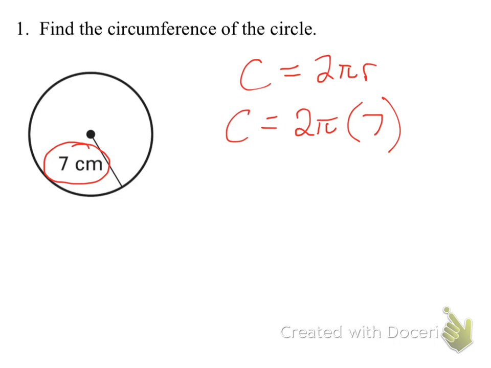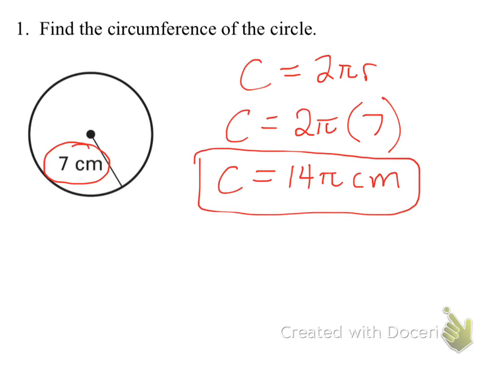I'm going to leave this in terms of pi. 2 times 7 is 14 pi, and centimeters is our unit. This is a distance, not area or volume, so we're just talking about a first dimension, just a length. So this is our answer, with units of centimeters to the first power.